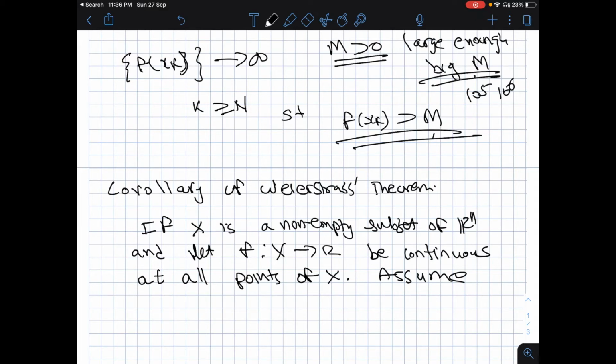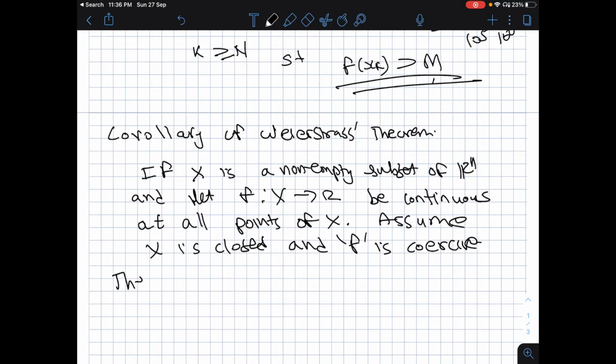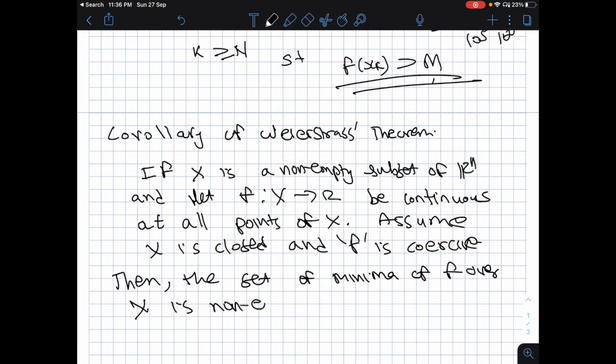that X is closed and f is coercive, the function f is coercive, then the set of minima of f over X is non-empty.